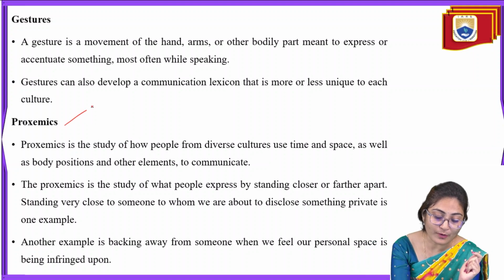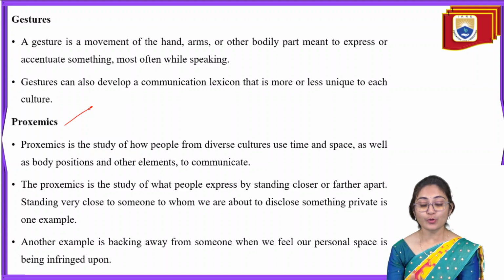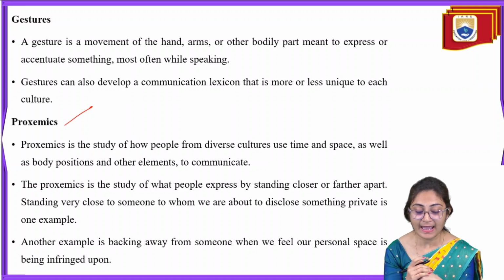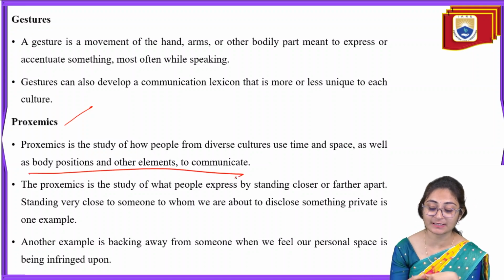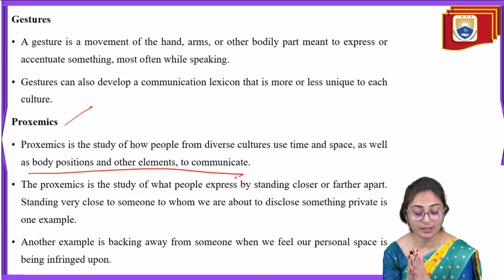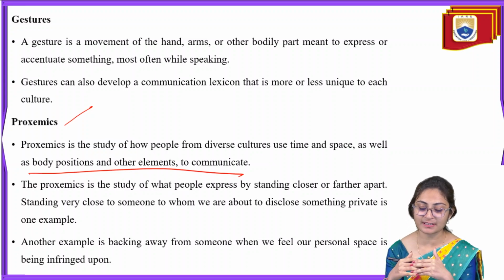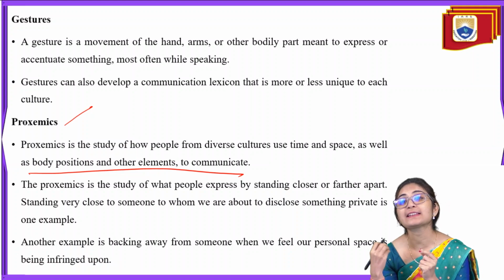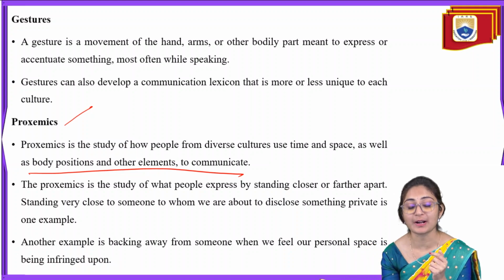Now proxemics. Proxemics is the study of how people from diverse cultures use time and space, as well as body position and other elements, to communicate. So proxemics is the study of meaning expressed by standing closer or farther apart.